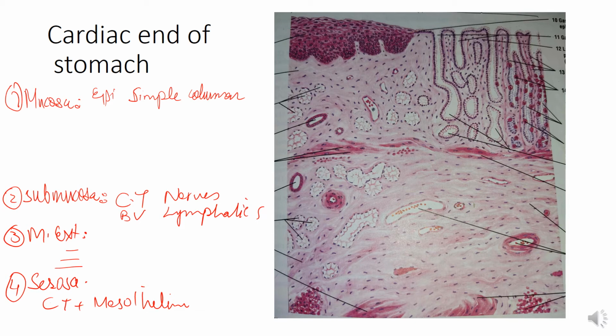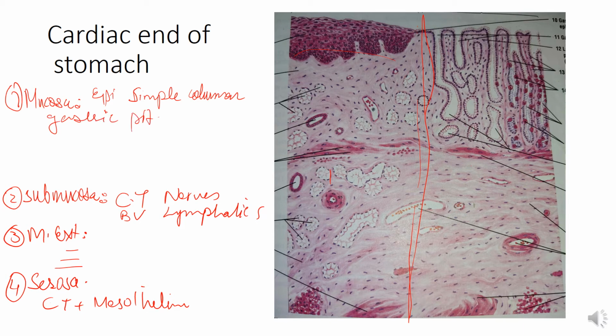This I will discuss in the next slide. But evident here is, as you can see, the epithelium is changing abruptly where the cardiac end of the stomach is rising. So this is the esophagus, and this one is the cardiac region of the stomach. So simple columnar epithelium, then gastric pits.